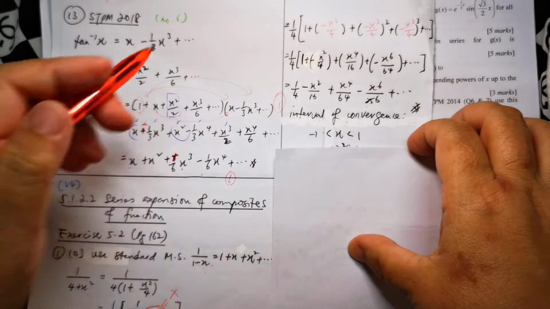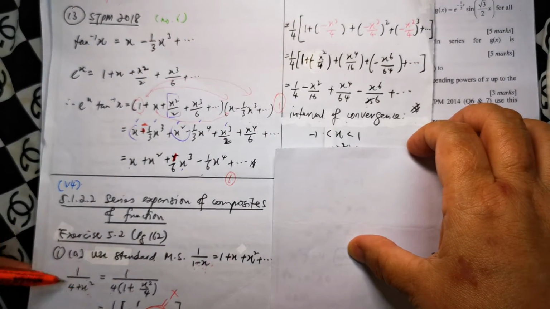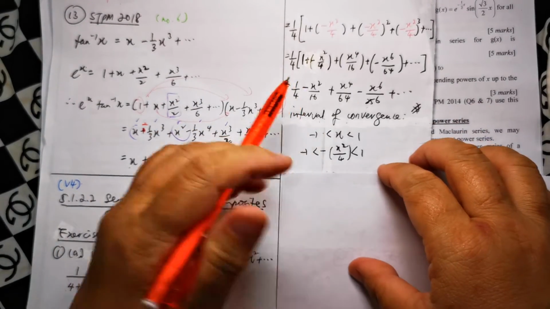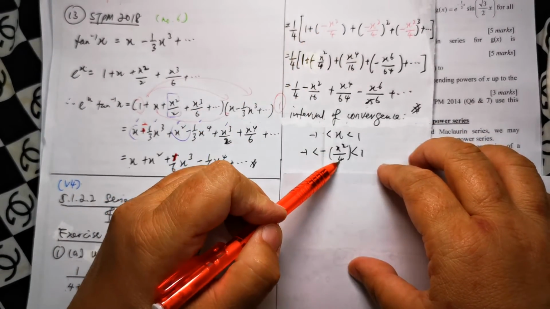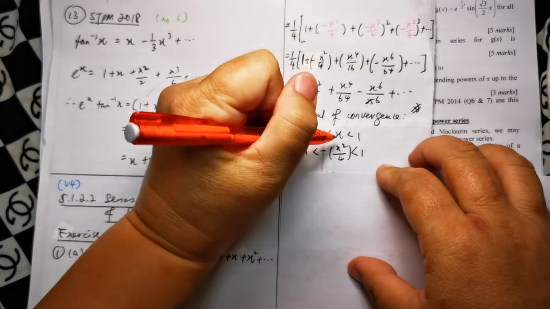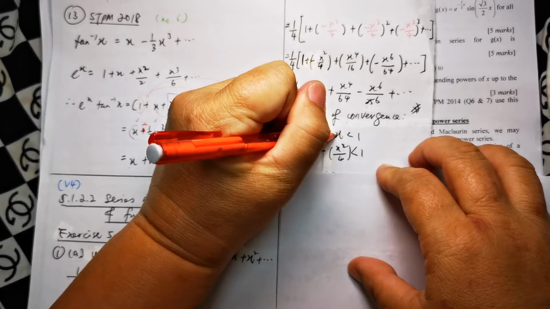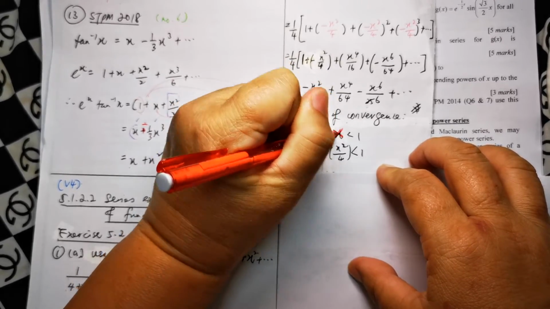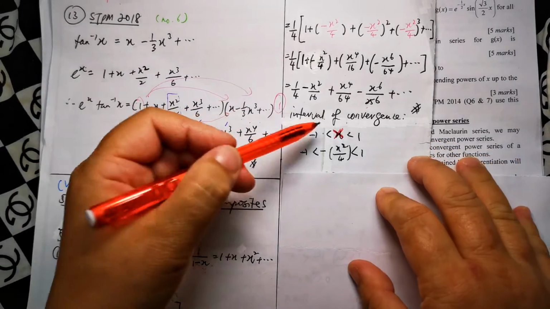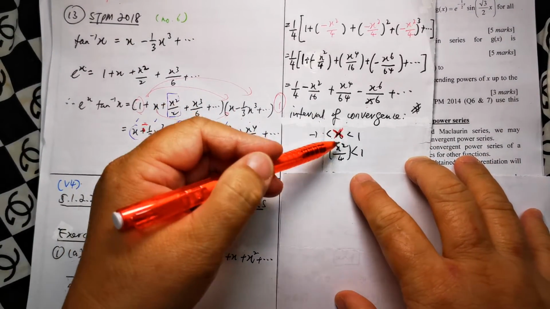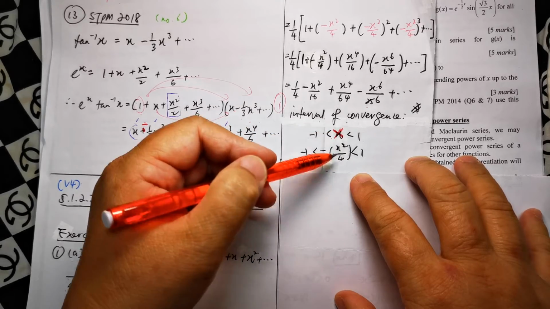But in our expansion for this function, our x is now this one, negative x squared over 4 that we subbed in. To make it look different, you can put a capital X here, then you can see the difference. This is capital X, this is the x here.